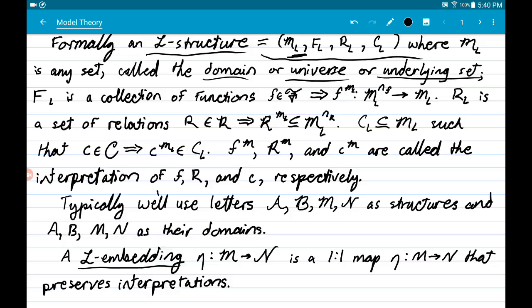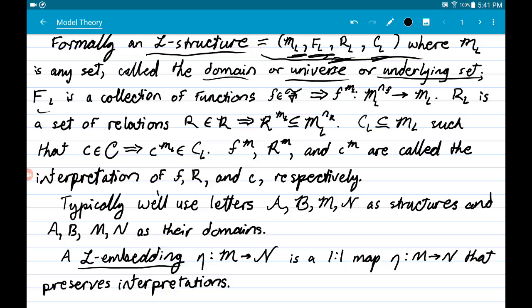And every particular instance of an L structure will have a particular domain, a set FL, RL, CL. The ML, as I said, is the domain. It's just some set of objects, right? Particularly a set of objects that we choose to talk about.